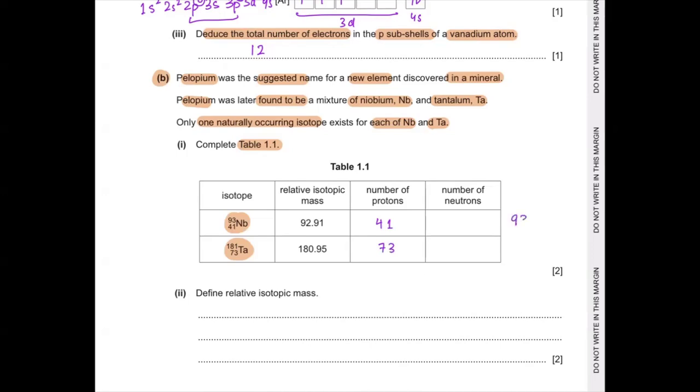Can anyone subtract it? 93 minus 41 and 181 minus 73. In the first case, if you subtract 41 from 93, it is going to be 52. And over here, it is going to be 108. Is this clear to all of you?